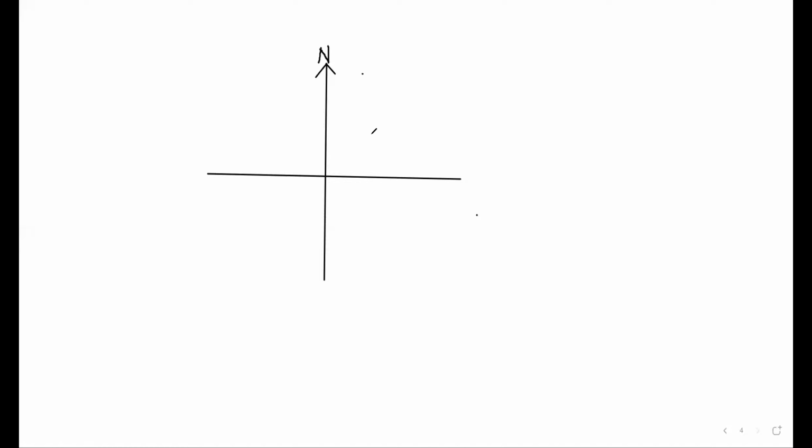Either way is correct. Are you clear? Either way, you get the same.